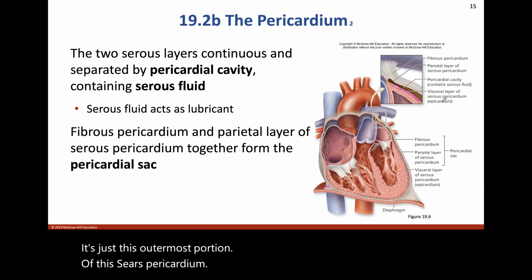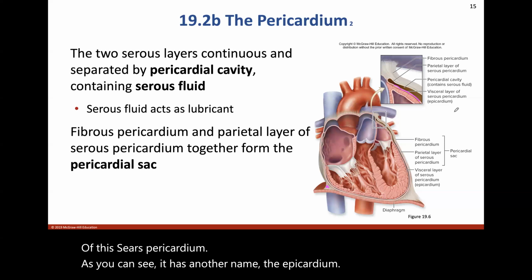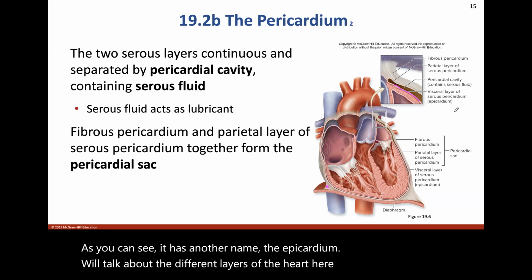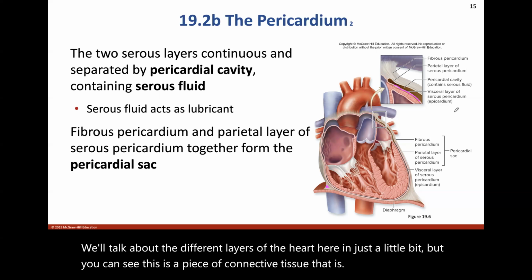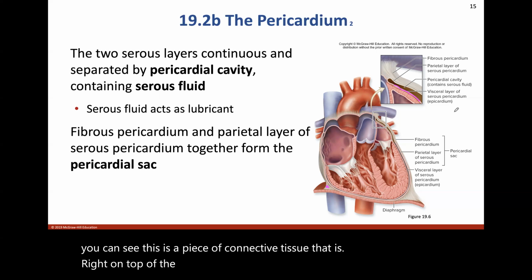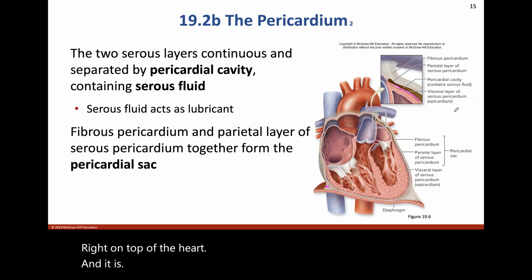As you can see, it has another name, the epicardium. We'll talk about the different layers of the heart in just a little bit. But you can see this is a piece of connective tissue that is right on top of the heart. And it is very difficult.